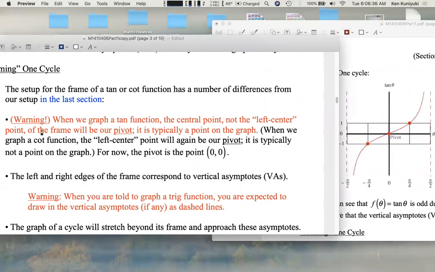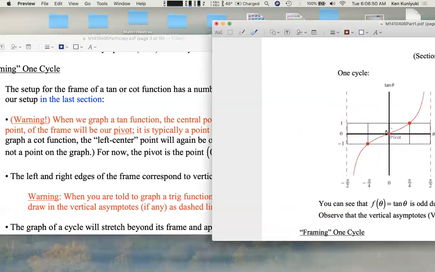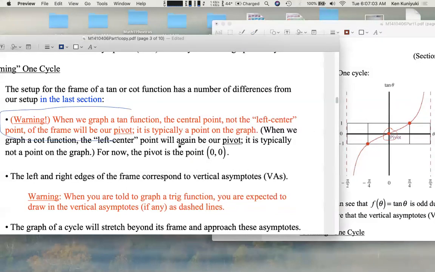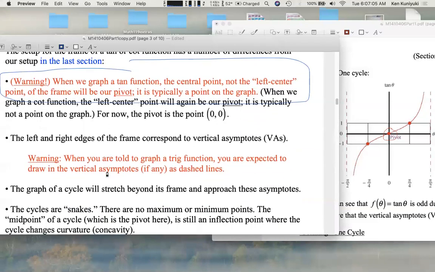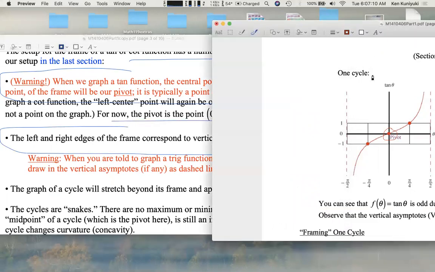First of all, when we graph a tangent function, the central point, the center point, not the left center point of the frame, will be our pivot, which here is the origin. And then later on, when we do translations and other transformations, it'll move around. But the pivot is at the center of the frame, not the left center like before. Also, the left and right edges of the frame correspond to vertical asymptotes, VAs.